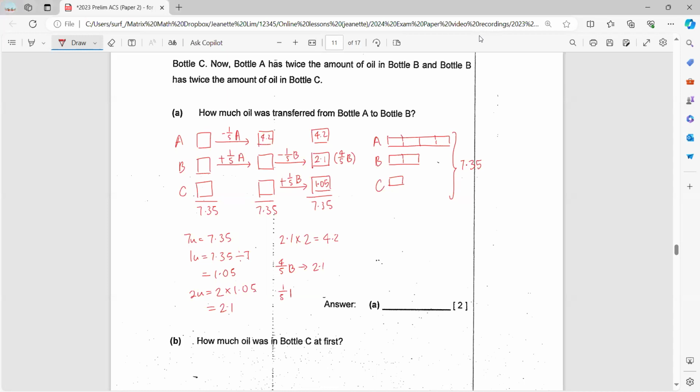So 1/5 of B is 2.1 divided by 4. Maybe just find B straight away, 5/5 of B. So 2.1 divided by 4, and then times 5, which is 2.625. Here, no change, so 2.625.